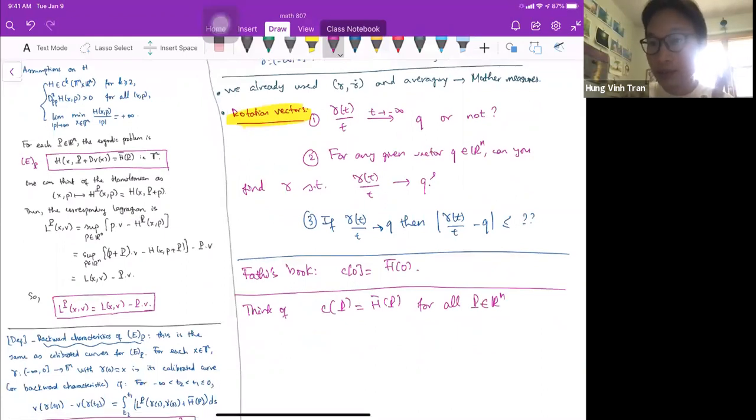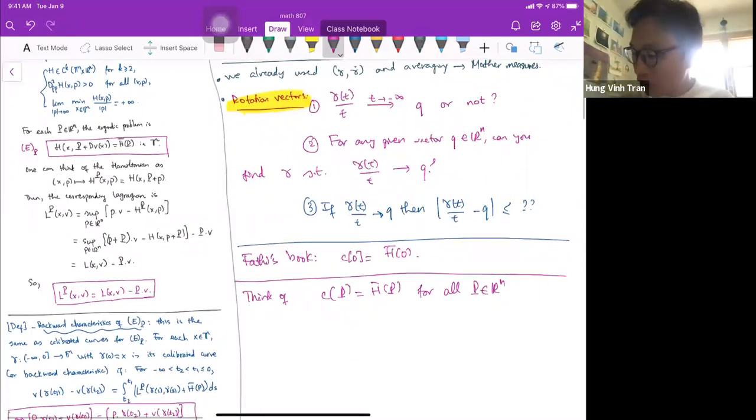Up to date, there are just a very few results on understanding H bar(P) or C(P) as P varies. So it's really reasonable to just focus on C(0). But when you put it in a broader framework, you're going to see that it comes out naturally.